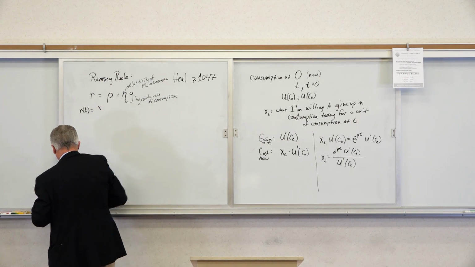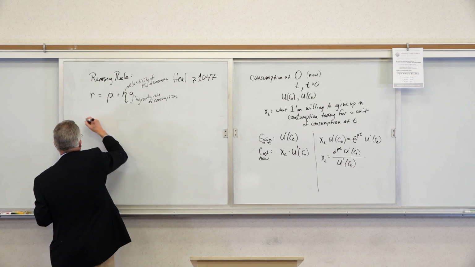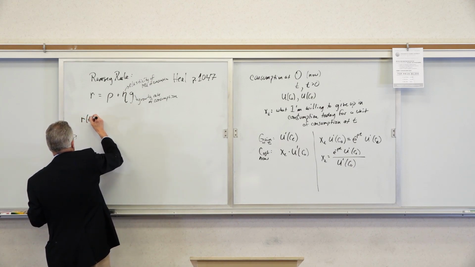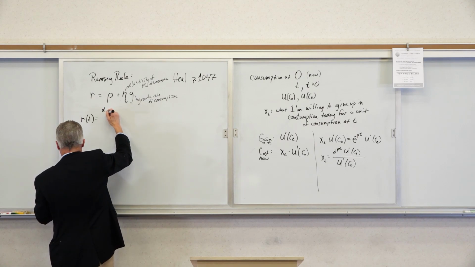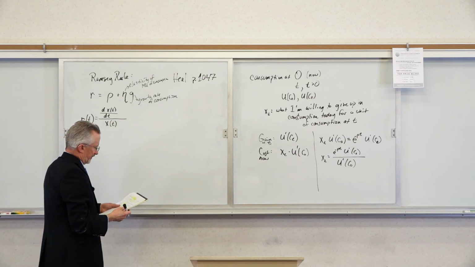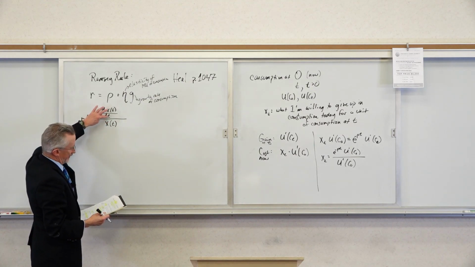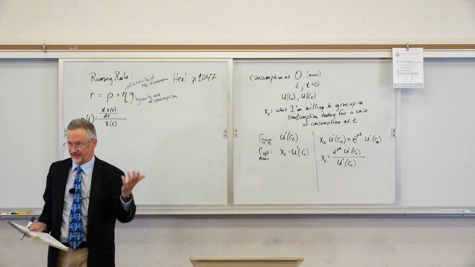Move it down here. R_T is equal to minus dx_t/dt over x_t, and that's simply because the rate of change of a variable over time equals the time derivative divided by the variable.